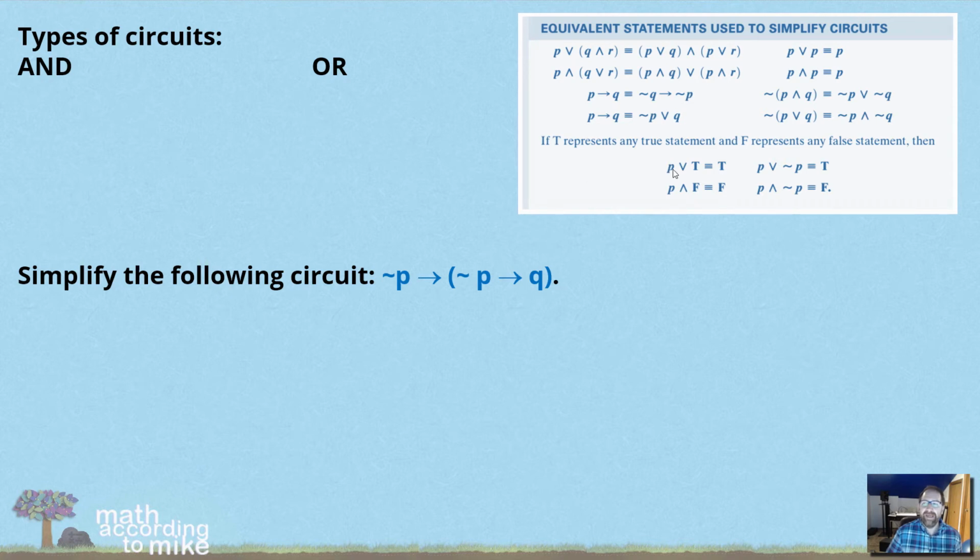So P or something definitely true is true. Whereas for an and statement, if part of it is false, then the whole thing is false. P, no matter what P is, and false, the whole thing is false. And that's basically what all these are saying, is that there's a way to simplify things, which will come down to our example down below here.